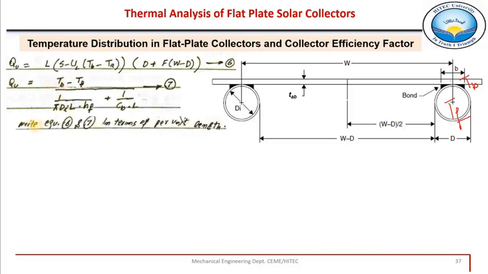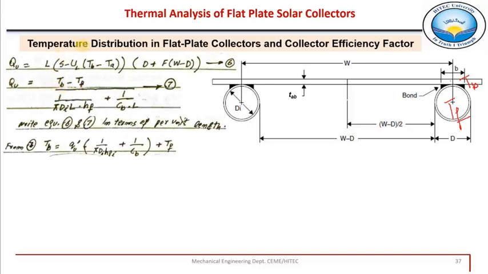So for this, what we do here is that we write equations 6 and 7 in terms of per unit length, because this length L is actually common in every case. So we can write this equation in terms of length L, and also from 7 we will write this equation in terms of T_b.